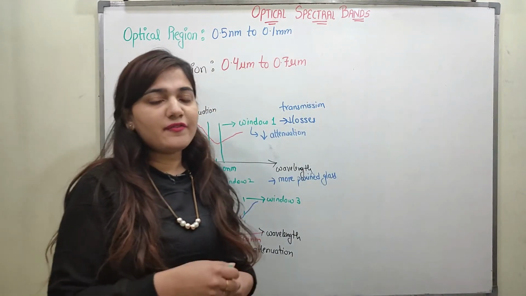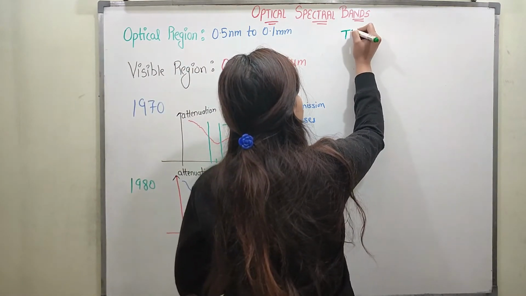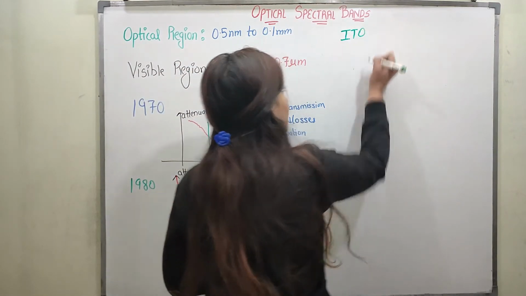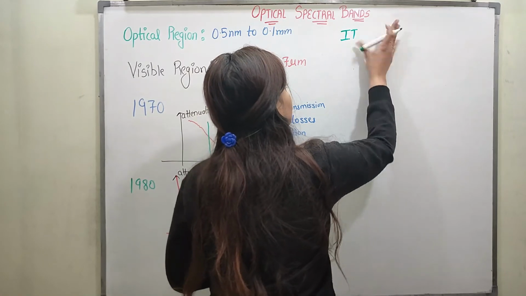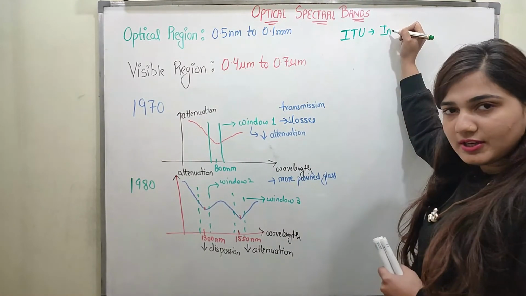Now coming to the different spectral bands. The spectral bands were specified by ITU, the International Telecommunication Union.